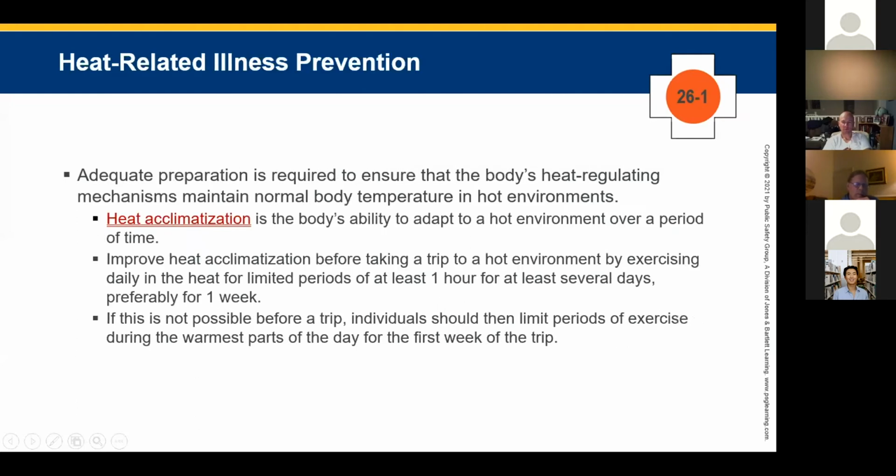Adequate preparation is required to ensure the body's mechanisms regulate its normal temperature in a hot environment. Improve heat acclimation before taking a trip.